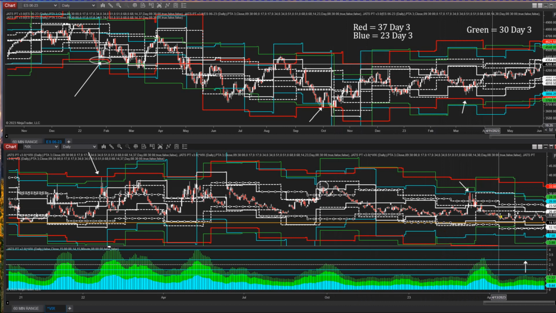And then the volatility started selling off. And we're at the lowest vol ever in a year or so. And the price has rallied up to the upper targets on our distributions: 30, 37, and 23.